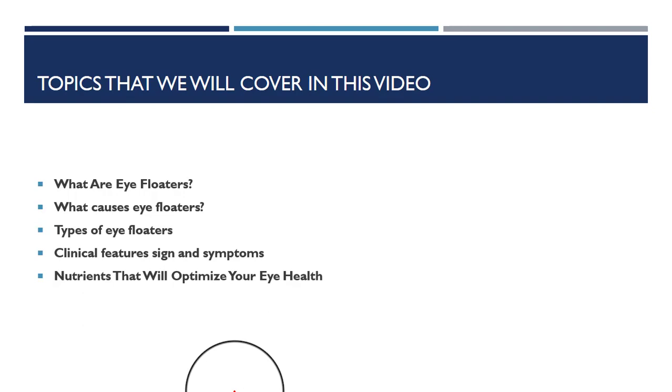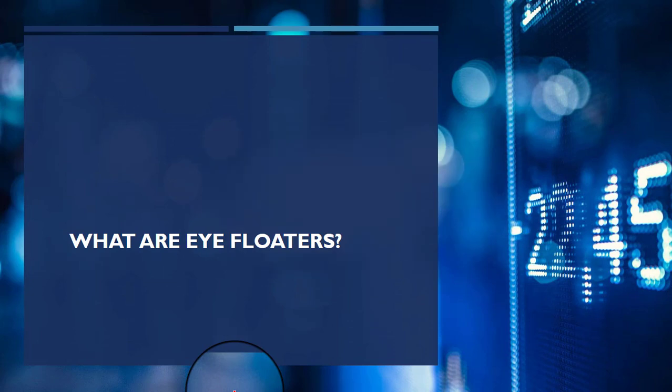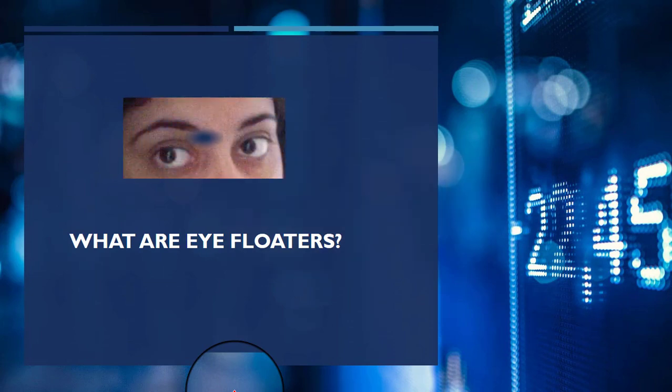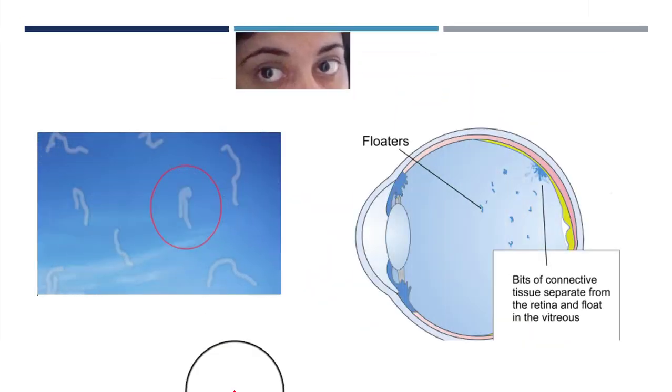So let's start. First of all, we'll talk about what eye floaters are, or what you understand by this term eye floaters, or muscae volitantes. As you can see here on the screen, under this red circle, these are the eye floaters.